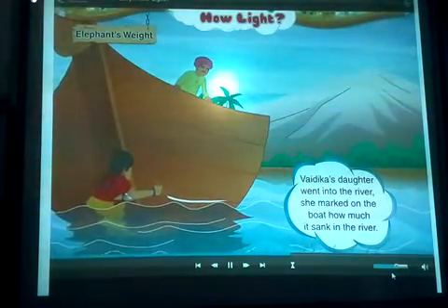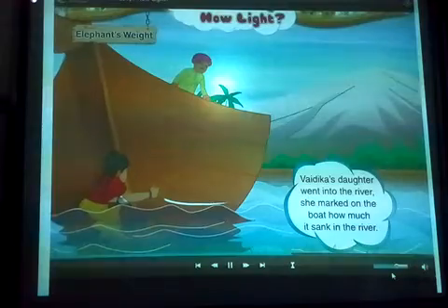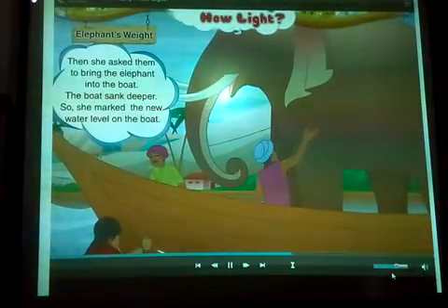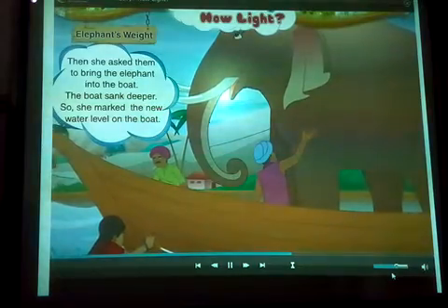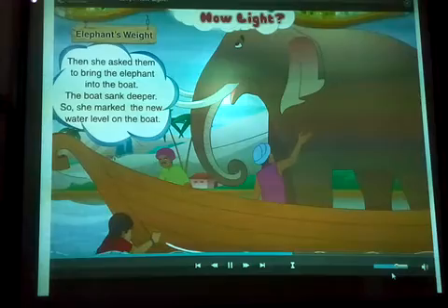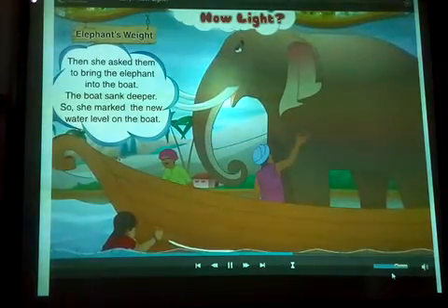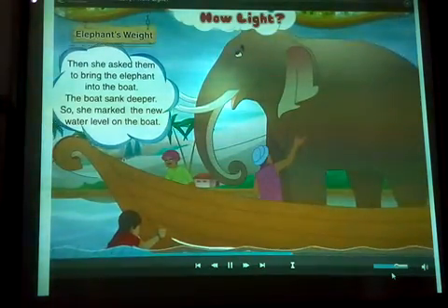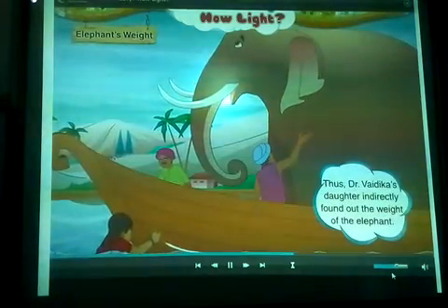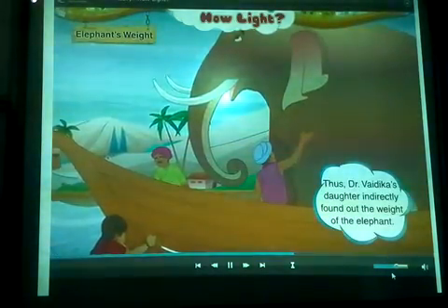She marked on the boat how much it sank in the river. Then she asked them to bring the elephant into the boat. The boat sank deeper. So she marked the new water level on the boat. Thus, Dr. Vedika's daughter indirectly found out the weight of the elephant.